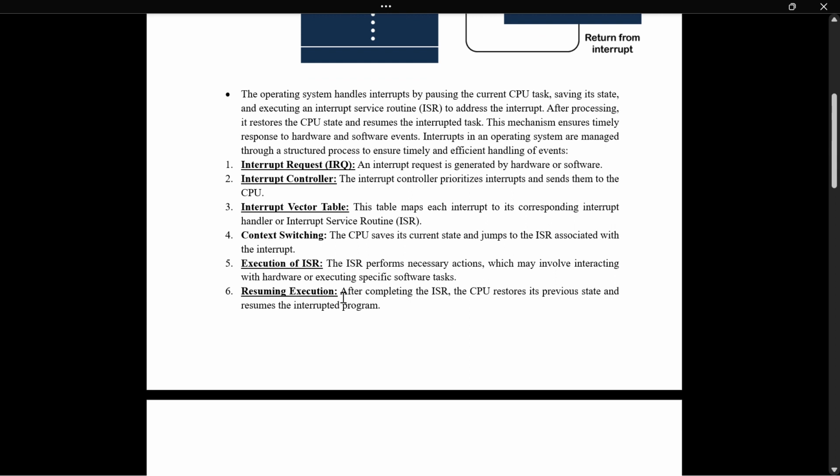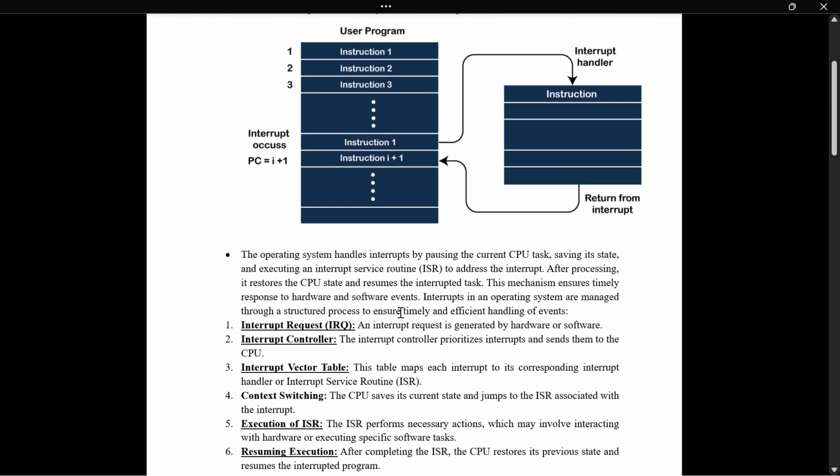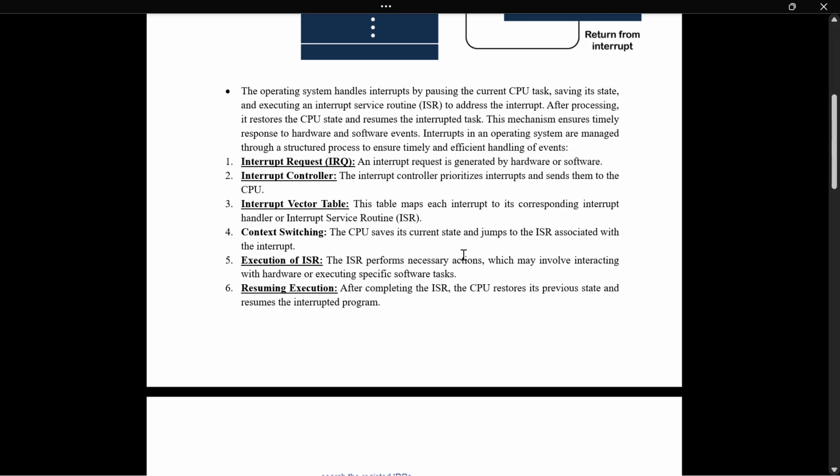Resuming execution: after completion of the ISR, the CPU restores its previous state and resumes the interrupted program. At the time of the interruption, the CPU stops working on the particular program, goes to the handler, takes the information from it, and retrieves the ongoing process.